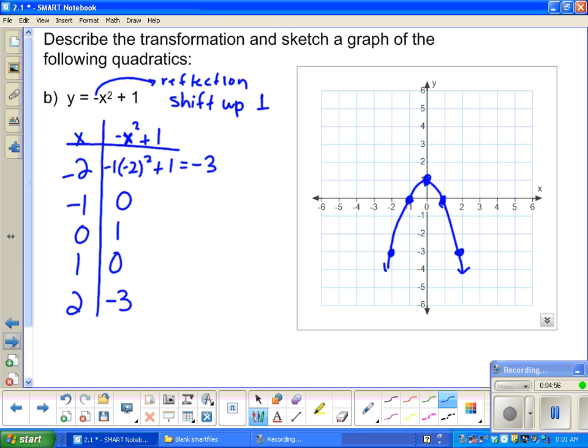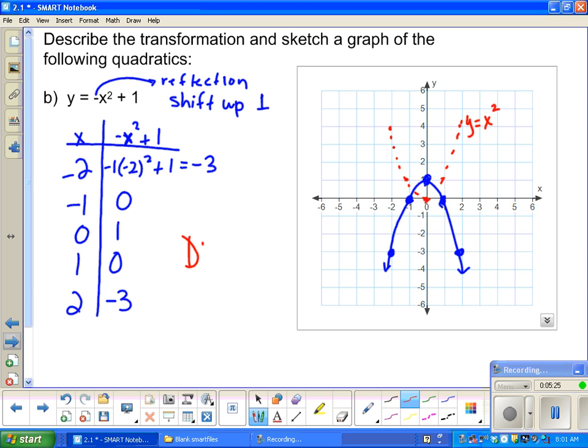So we have a reflection. It turned upside down, and we have a vertex that shifted from 0, 0 up 1. Remember our parent graph? That was our parent graph. So it reflected and turned upside down, and then the vertex shifted up 1.